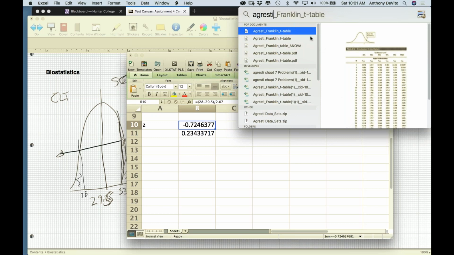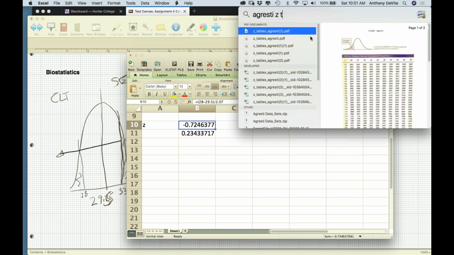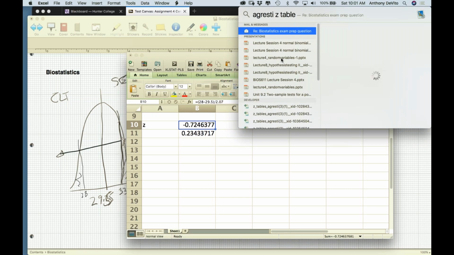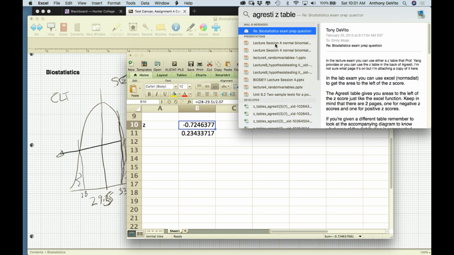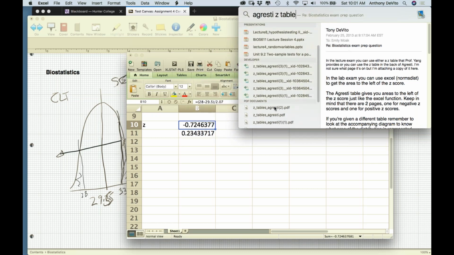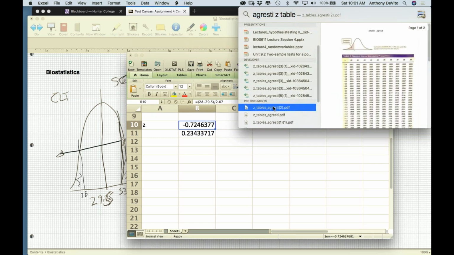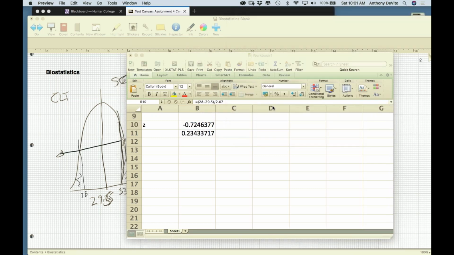Oh, I'm sorry, z-table. I got ahead of us here. Here we go. And minus 7.24.